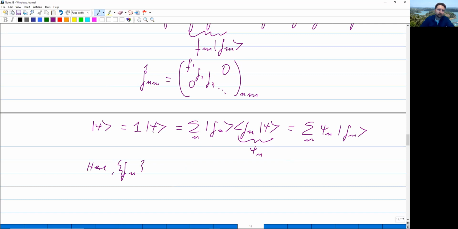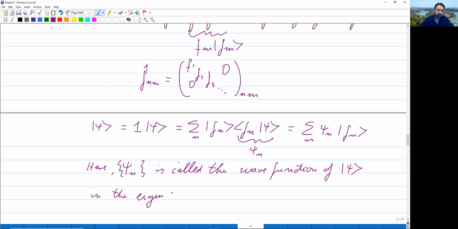The set of the psi n is called the wave function of the state psi in the eigenbasis of the observable f hat.